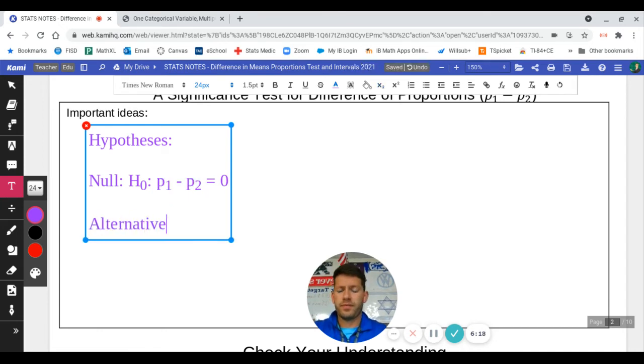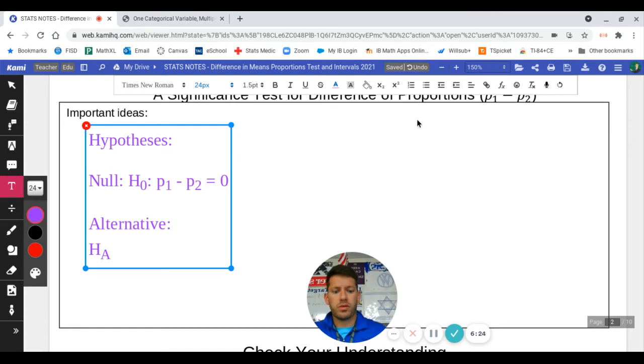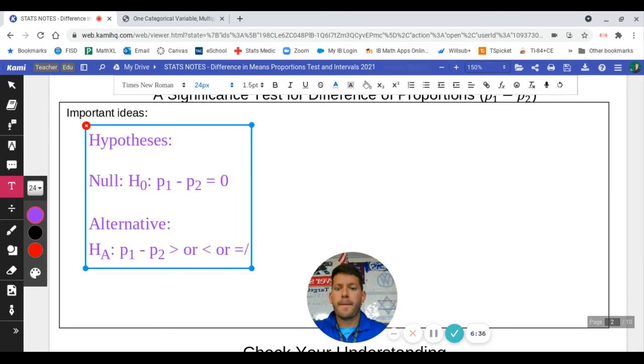Our alternative, which is H sub A, our alternative hypothesis, will be that it's greater than or less than or not equal to 0.